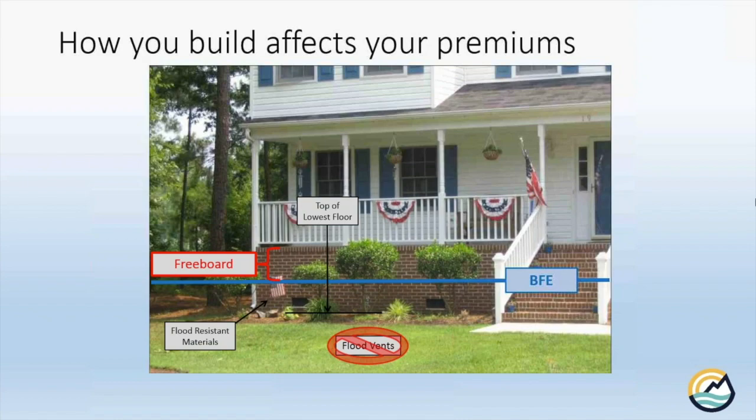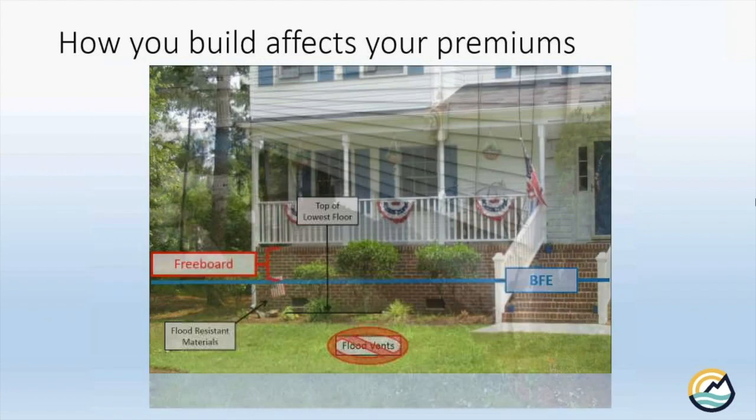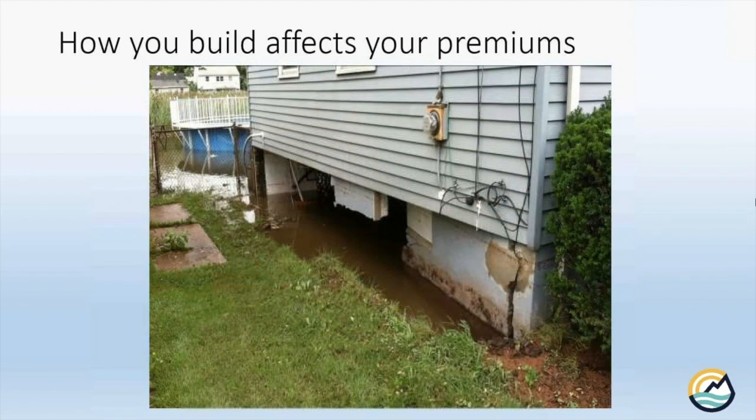So something as simple as going back and installing those vents can really fix that problem. And the reason being is, like I said, guys, you could have foundation walls crack or collapse because they're not properly vented. Okay, so how you build or how we require people to build in those high-risk areas really does affect them on the bottom line when it comes to their insurance premiums, when it comes to their resale value, things like that.